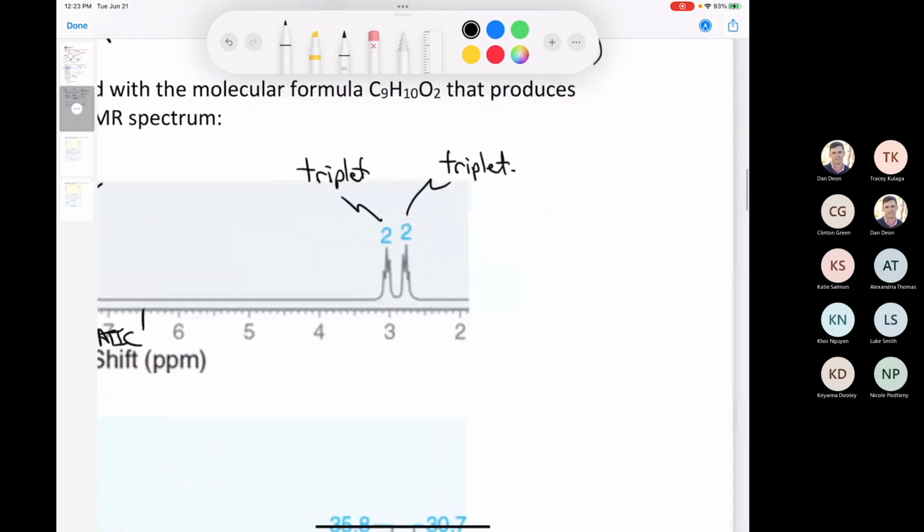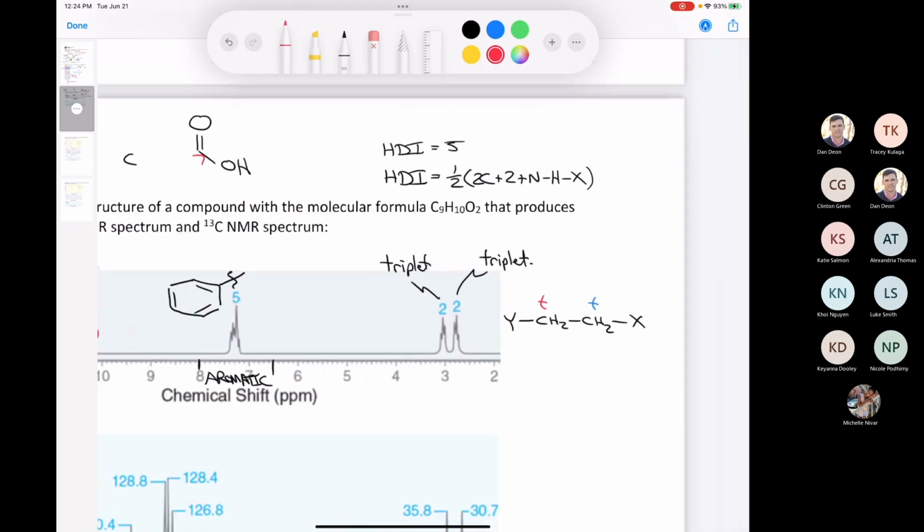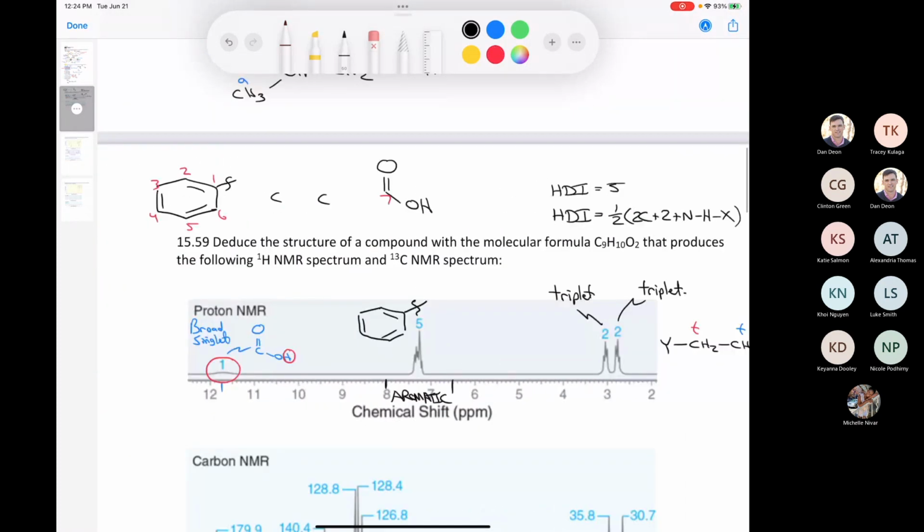The only way that you could have that is if you have 2 methylenes successively, and they're attached to 2 different things, X and Y, because these 2 protons are going to be split by those 2, so you see a triplet, and then those 2 protons are split by these 2, so you see another triplet. Well, that works out because that gives us 2 more carbons and 4 more hydrogens. Now we've taken care of all the hydrogens. Let's count them up.